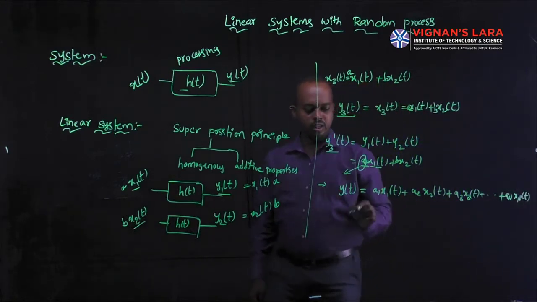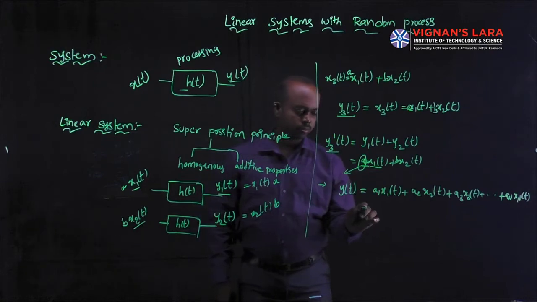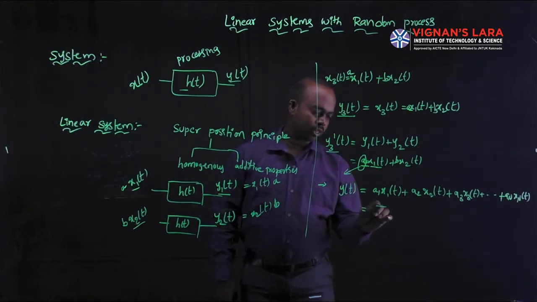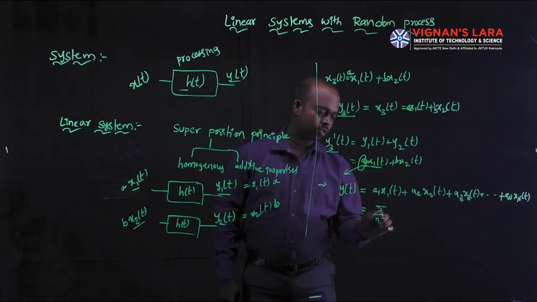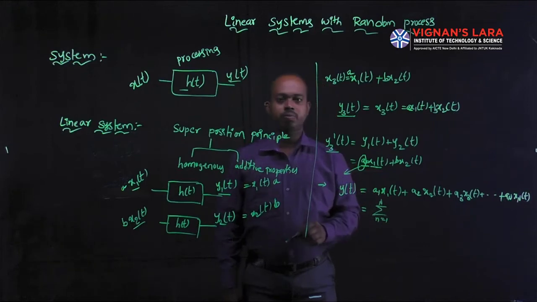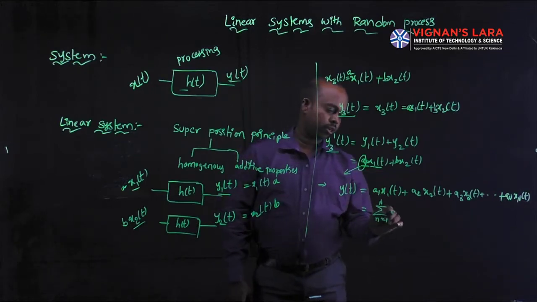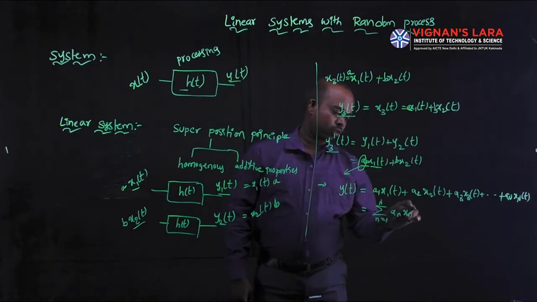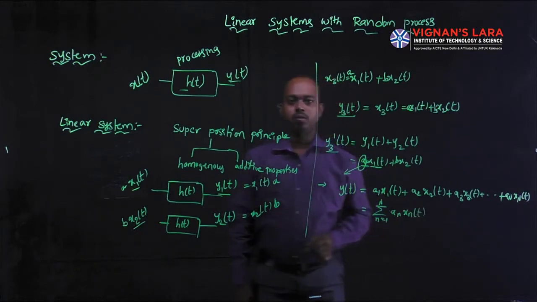This entire sequence I represent as the summation from n equal to 1 to n of an xn of t.